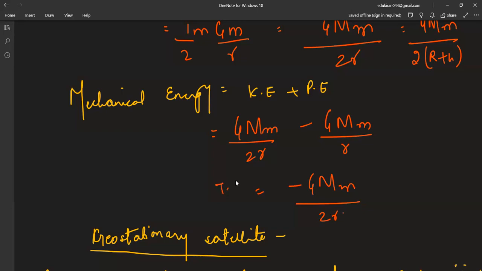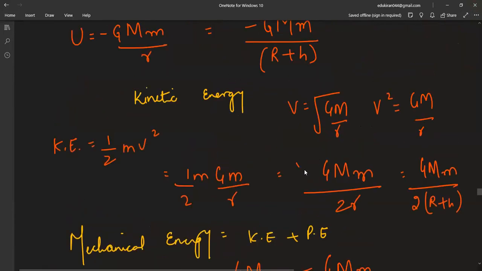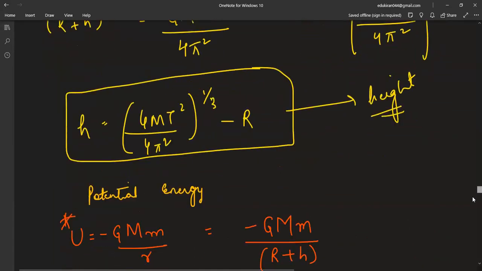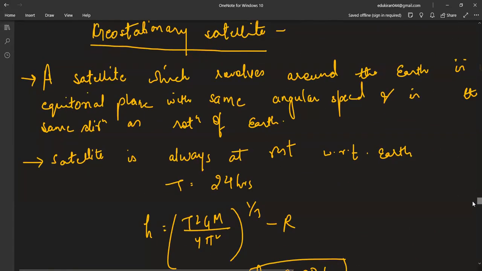This is the total energy. All these three are very important. Total energy formula, kinetic energy formula, and potential energy formula are all very, very important. And one more thing, let me tell you: when we are talking about this time period's formula, one more important term comes from this, that is geostationary satellite.